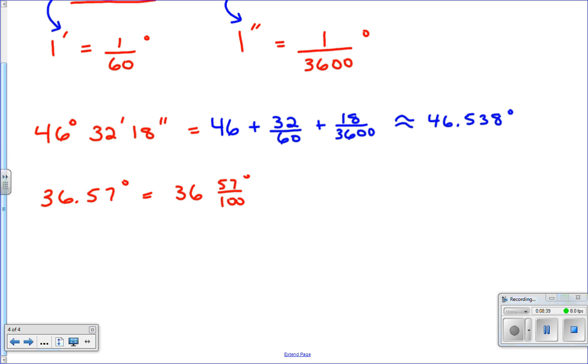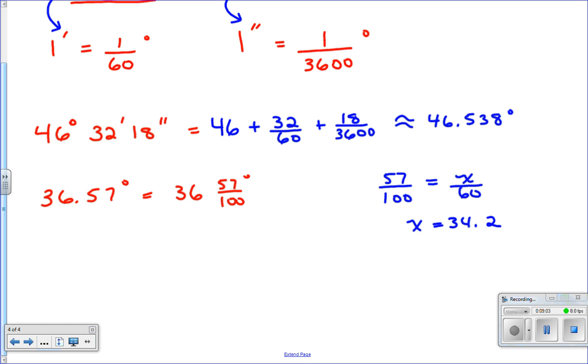But instead of hundredths, I really want 60ths. So we can think of that as a little proportion. 57/100 is equal to what over 60? And that will give me the number of minutes. So if I rearrange that by multiplying both sides by 60, I'll get that x is equal to 34.2.